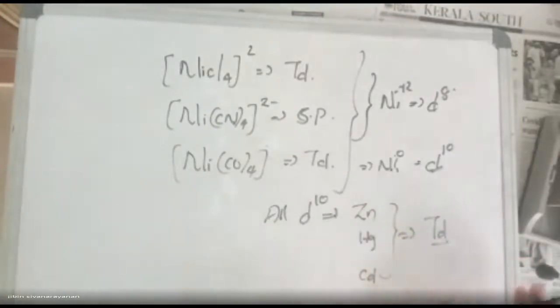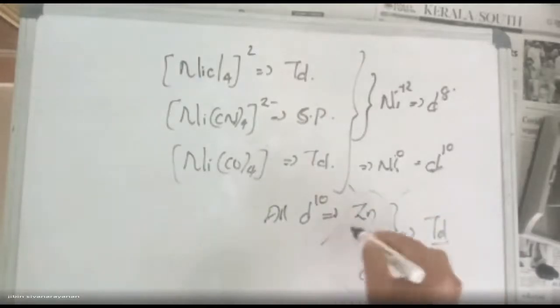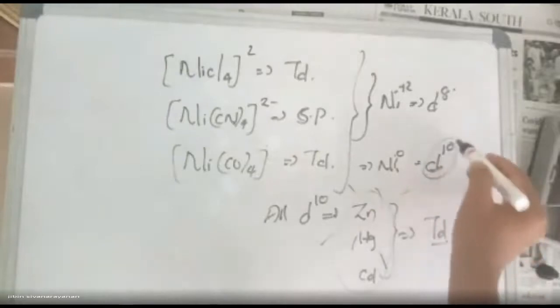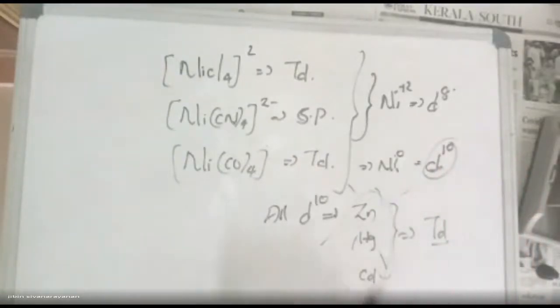They will not form octahedral complexes because they are that small. Accommodation of six ligands around this metal makes the system unstable. So note that all D10 configurations are supposed to form tetrahedral complexes.